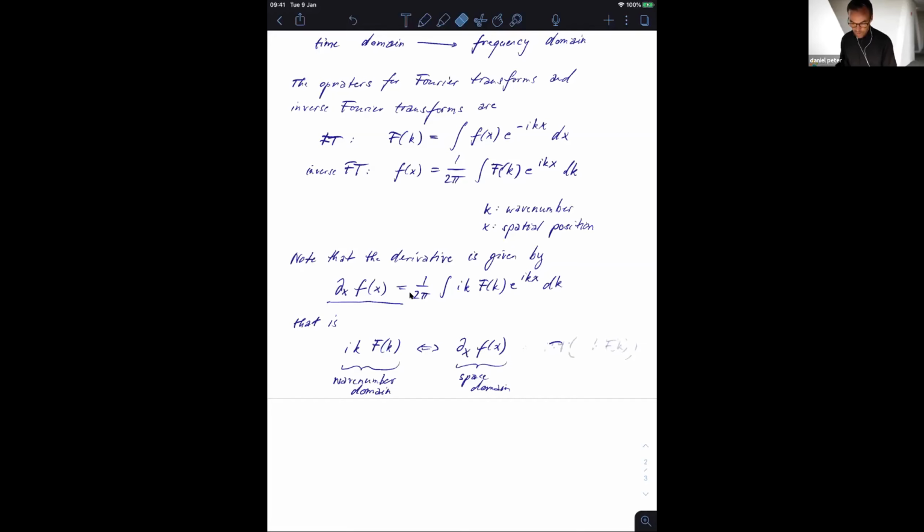So it just means the equivalent of the derivative in the wave number domain is multiplying by ik. Well, the actual derivative of this function in space domain is then still taking the inverse Fourier transform of that product. Okay.